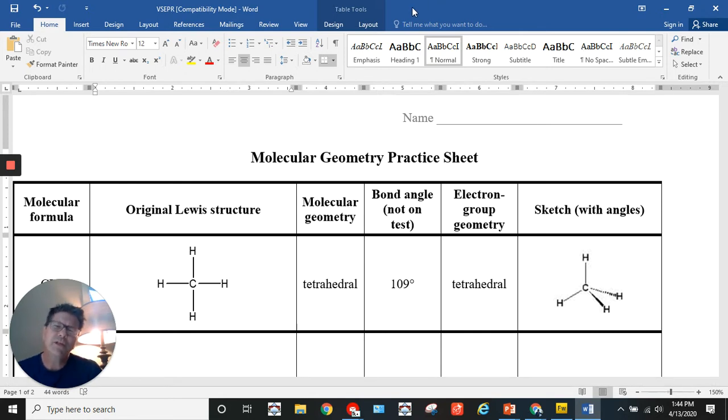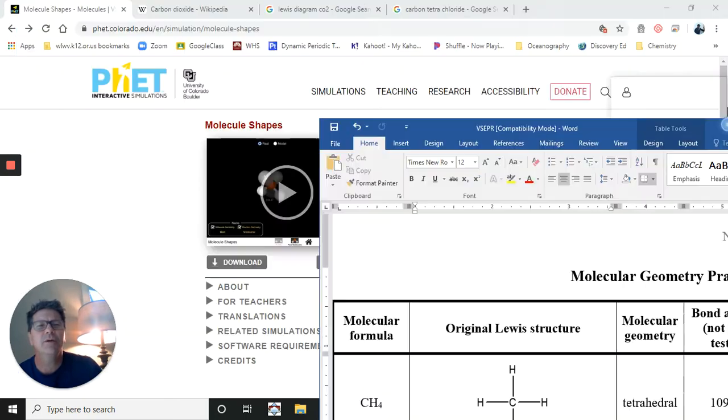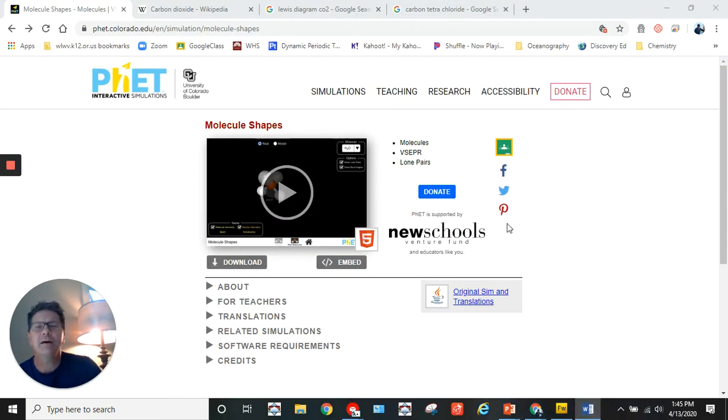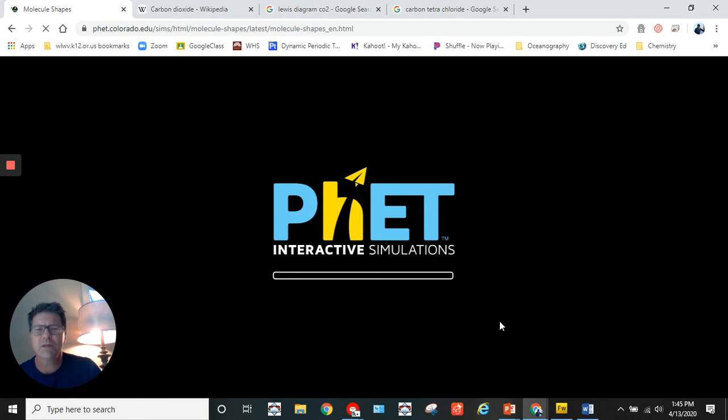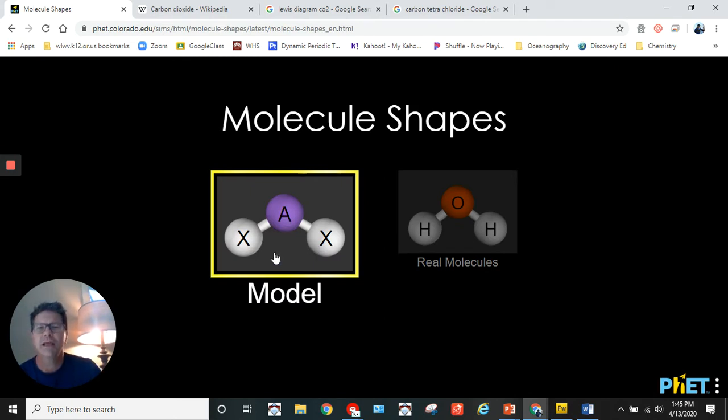All this information, you can get from the PhET simulation, or you can get it offline. But I just wanted you to see how this works, because many of you using Chromebooks will have difficulty using this PhET simulation. So I'm going to give you some alternate tools to answer these questions and learn a little bit about molecular geometry.